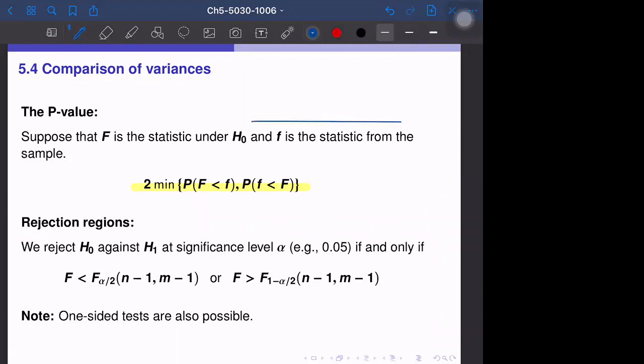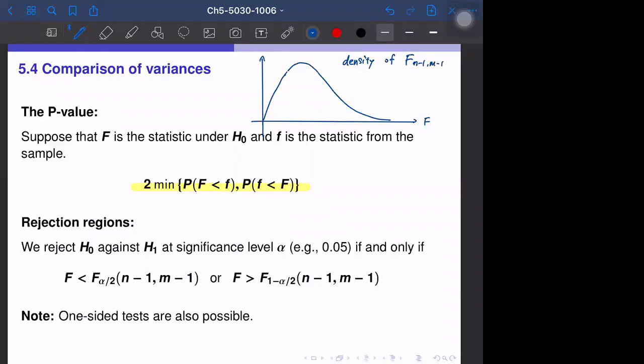So basically, we have the F distribution here. This is the density function of the F distribution with degrees of freedom n-1, m-1.